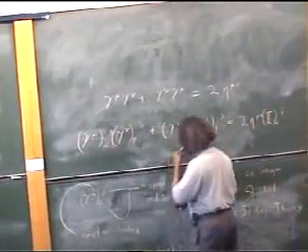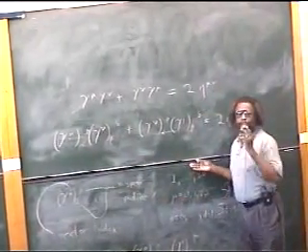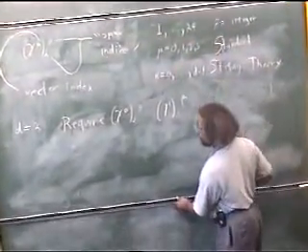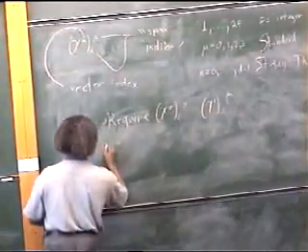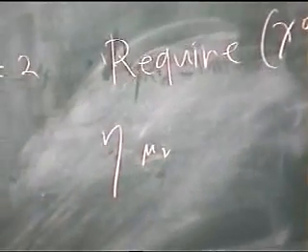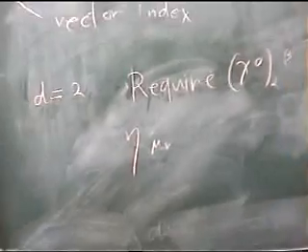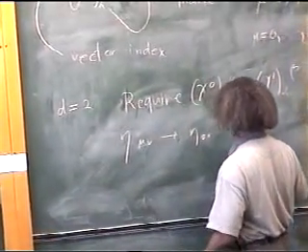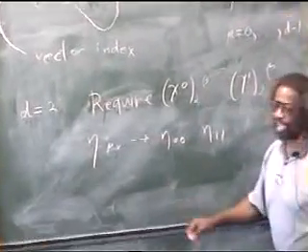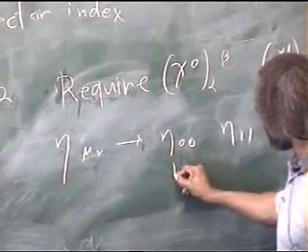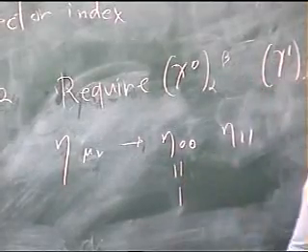And now, I promised you I was going to actually find some of these things in the case of d equals 2. Well, for d equals 2, eta mu nu is itself a 2 by 2 quantity. It only has two non-zero entries, eta 0,0 and eta 1,1. I can pick my conventions so that eta 0,0 is equal to the number 1.